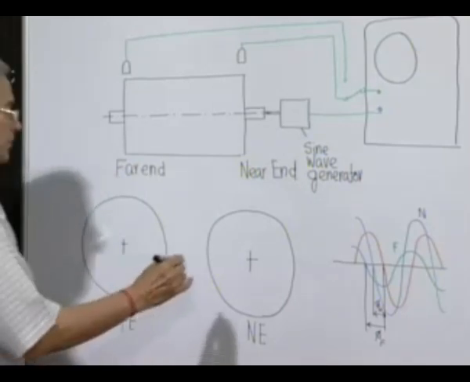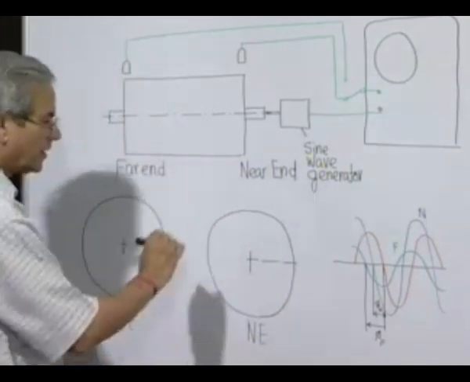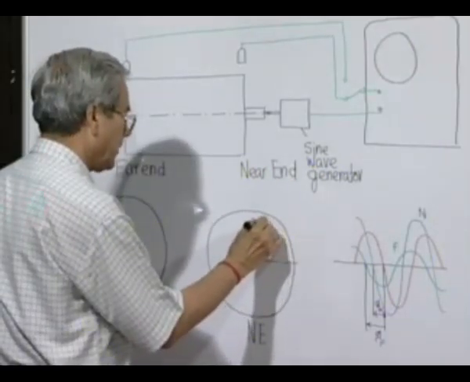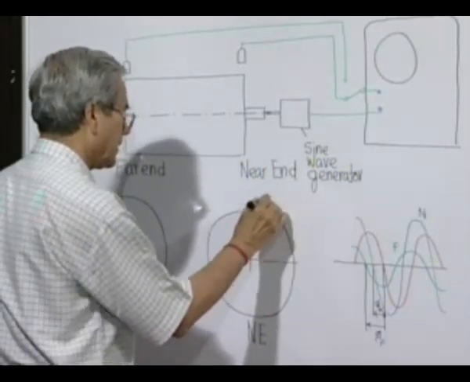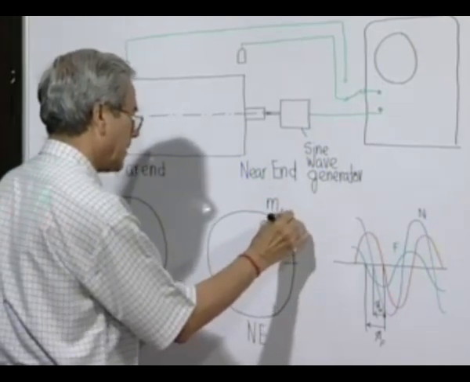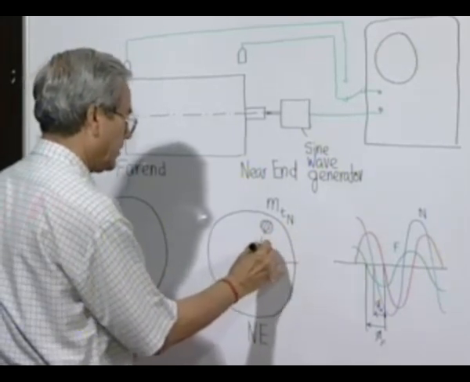We have a datum, a reference line marked, and attach a trial mass mt at the near end at a known radius at a known position.